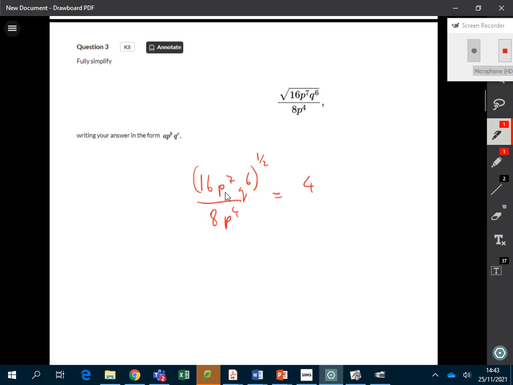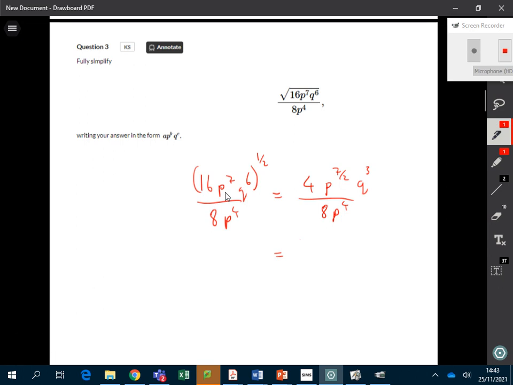And then we've got a power to a power, so p to the 7 to the power of a half is p to the power of 7 times a half, so 3.5. I'm going to write as a fraction, so 7/2. And then we've got q to the power of 6 times a half is 3, all over 8p to the 4.